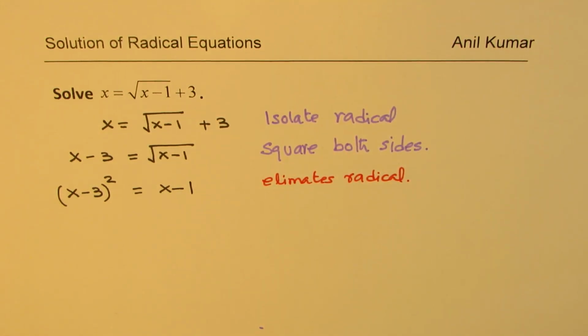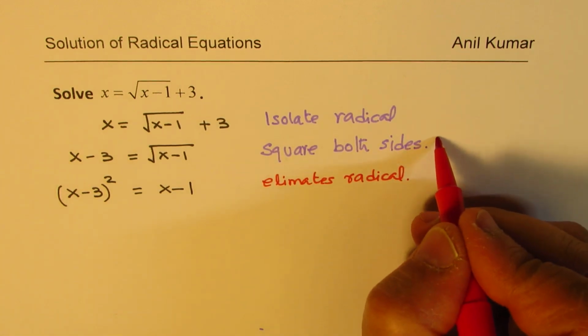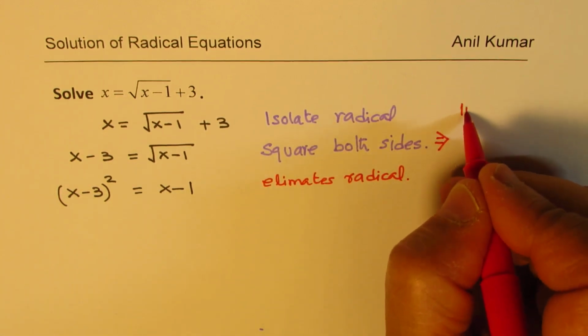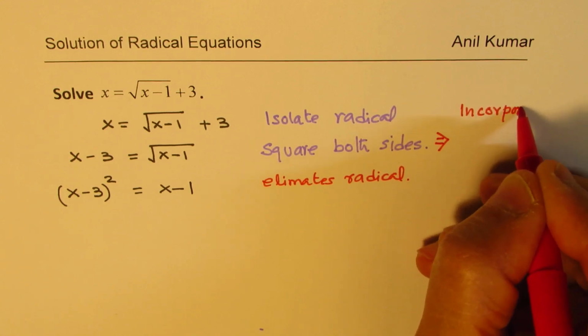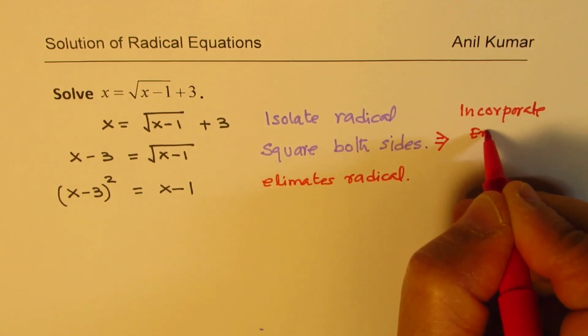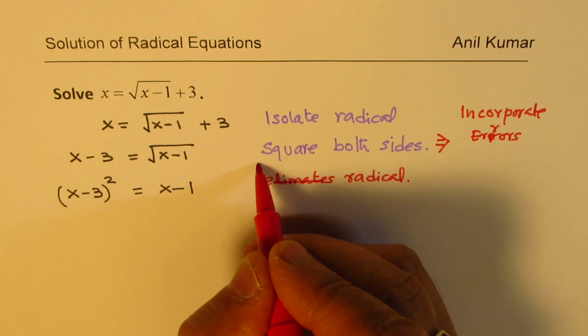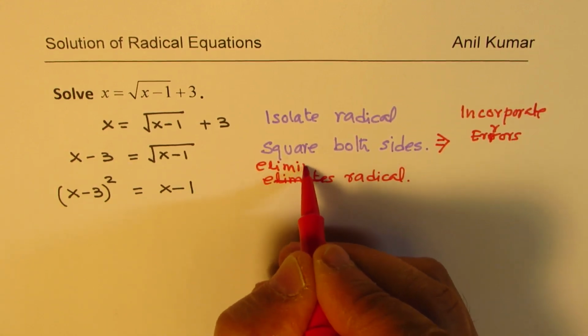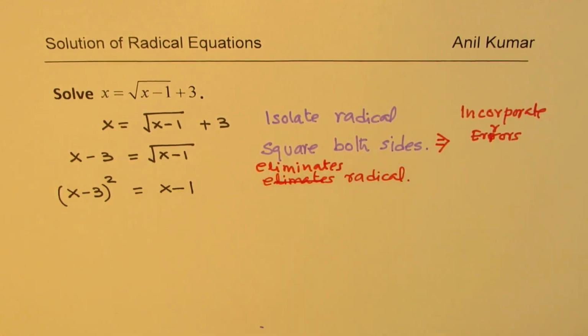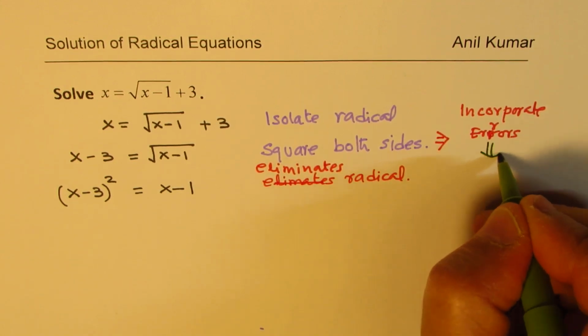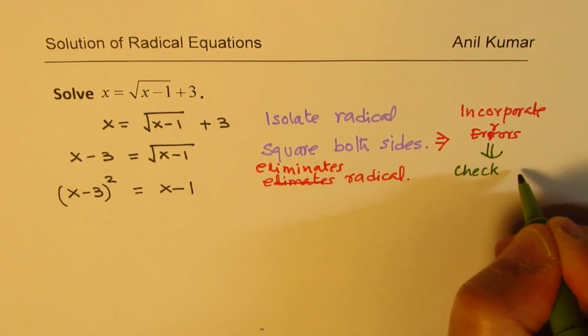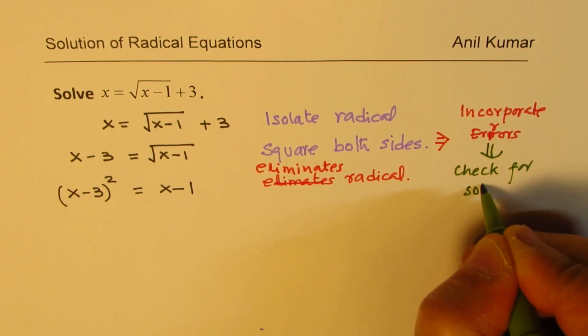Now remember one thing, that when you square both sides, we actually also may incorporate errors. So it becomes a must for us to check for solution.